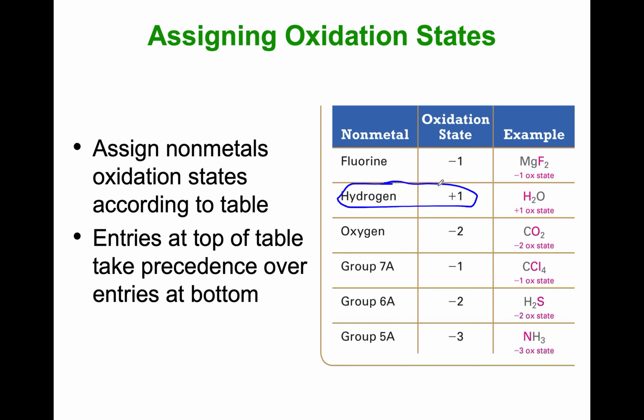I did that first because it has priority. This works down. And then oxygen -2. So what I mean by that is if we had hydrogen peroxide, for instance, we would assign hydrogen a +1, and that gets a total of +2. So in this case, oxygen's actually -1 because the charges on this one have to be canceled by the charges on this one. It has to equal 0 overall.